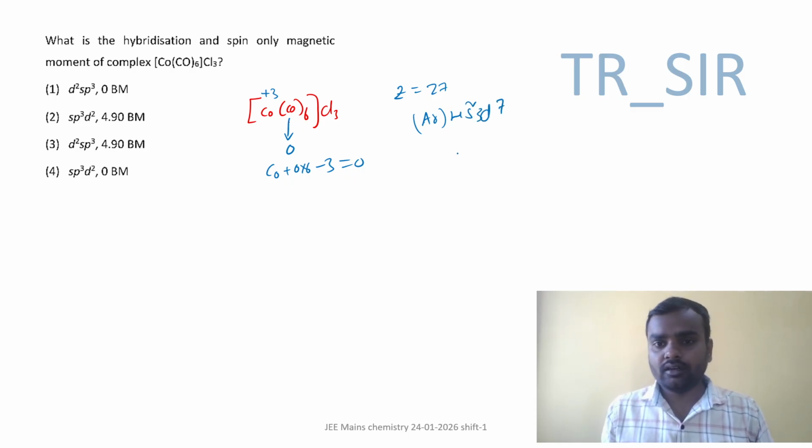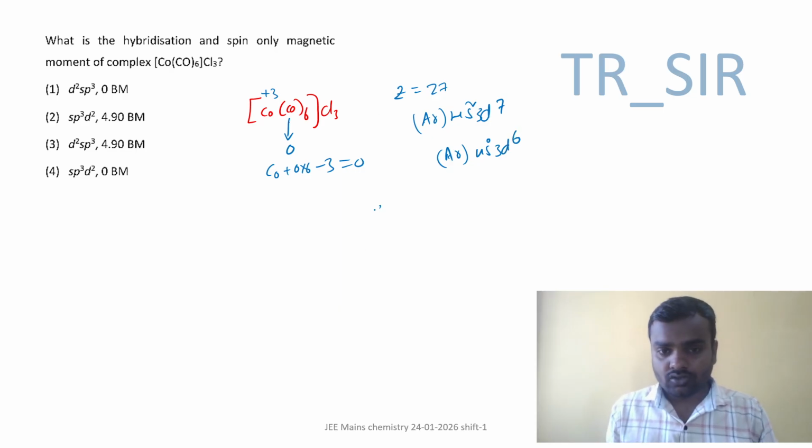Now if I remove 3 electrons, we are left with 4s0 3d6. Carbonyl is a strong field ligand.